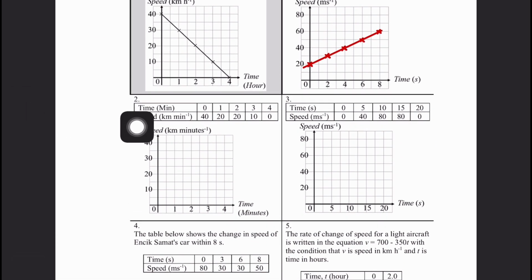Let's try number 2. Time in minutes, speed in kilometers per minute.